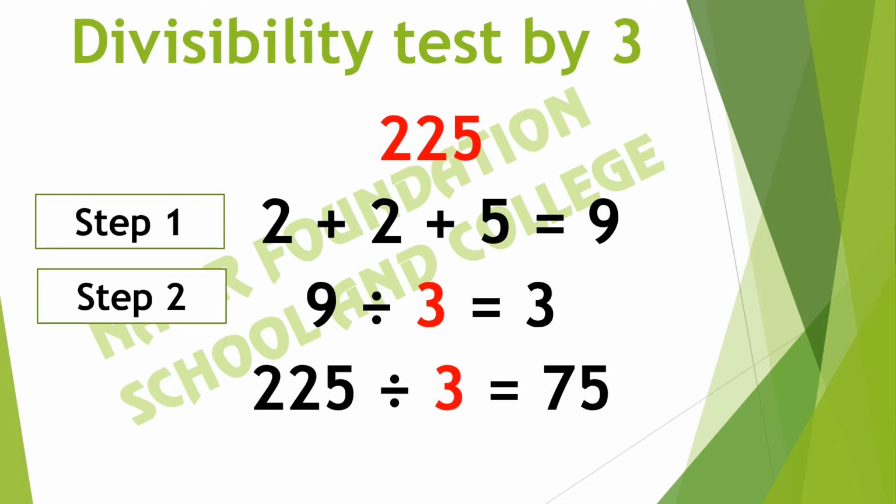If we actually divide it, we will get the answer 75. So I repeat again, we will add all these digits, 2 plus 2 plus 5, and we get the answer 9. Just divide 9 by 3, we get the answer 3. So it means we can easily divide this number by 3.